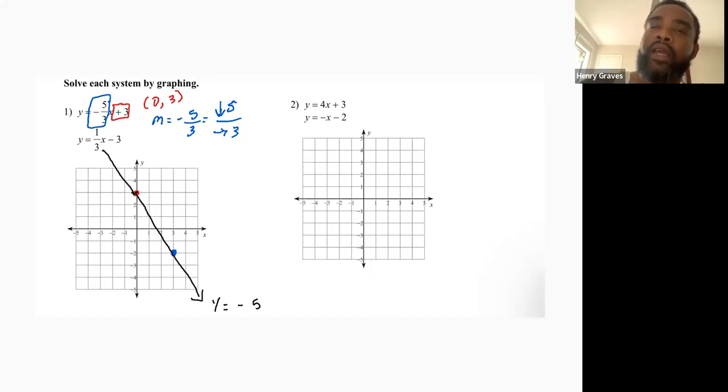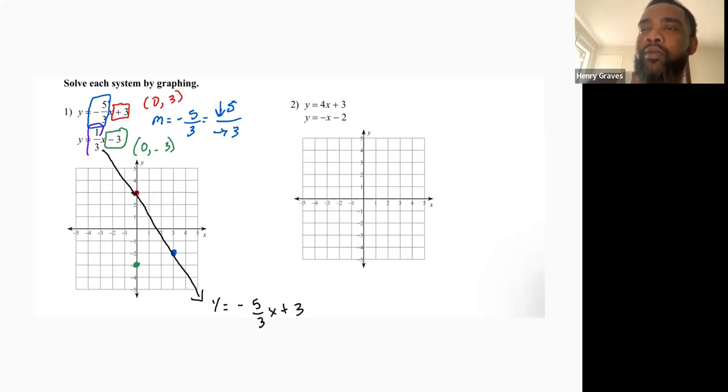Then I'm going to graph the other one. Again, focus on the y-intercept here, which is -3, so that'd be (0, -3) down here. Then I'm going to graph it. So look at my slope here, which is 1/3.